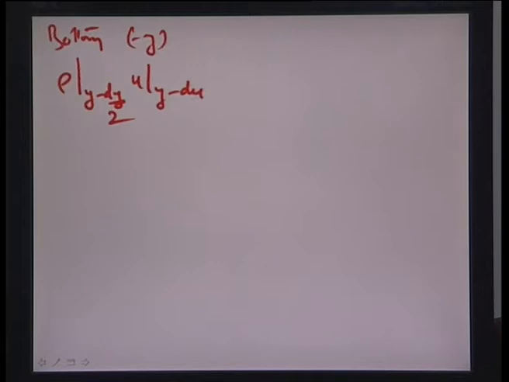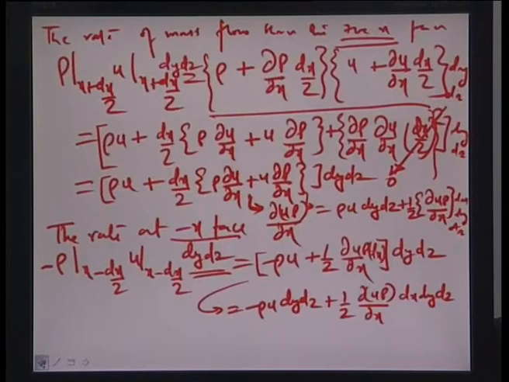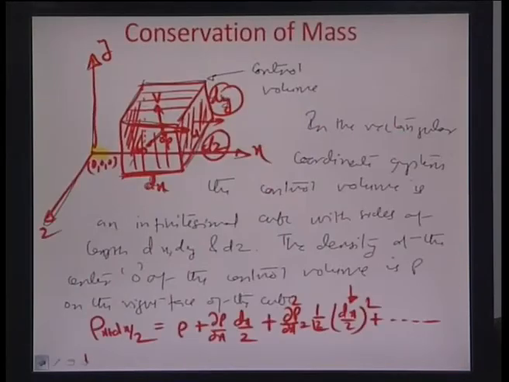Let us do the same for the positive as well as the negative y face. So, for the bottom, pointing towards the negative y direction, we can represent this as rho at y minus dy by 2 times u at y minus dy by 2 times, in this case if you look at the area vector in the negative y direction, it is dx times dz. Okay.